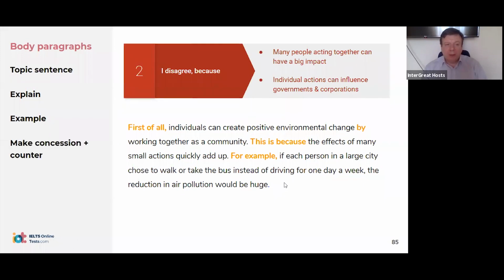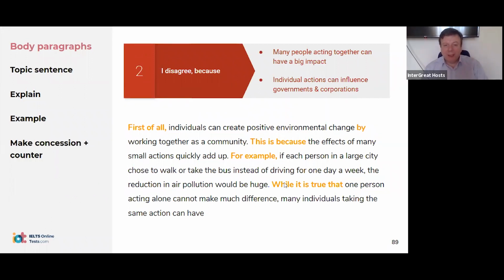Now, we're going to make a concession and counter it here. While it is true that one person acting alone cannot make much, so what would go in the gap there? Difference.